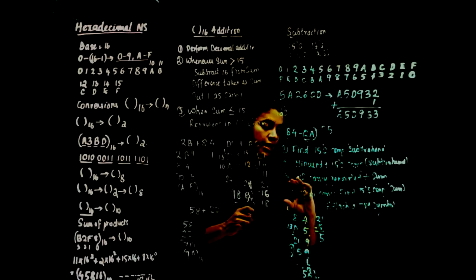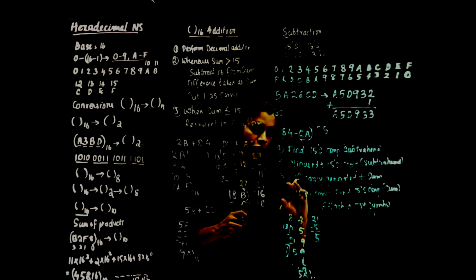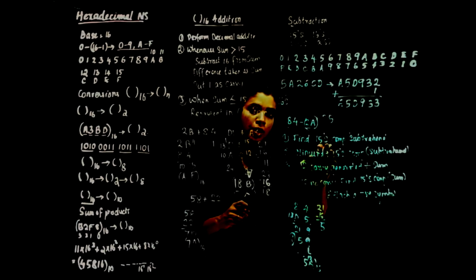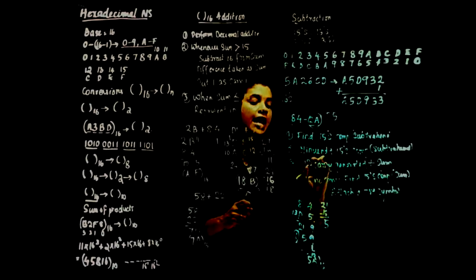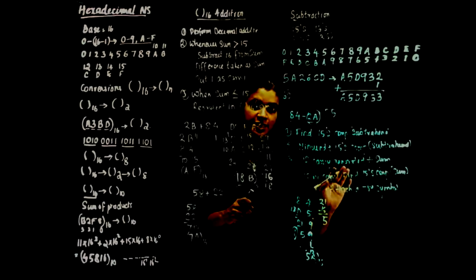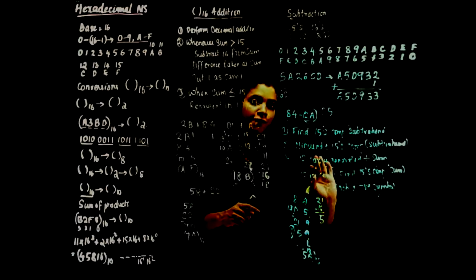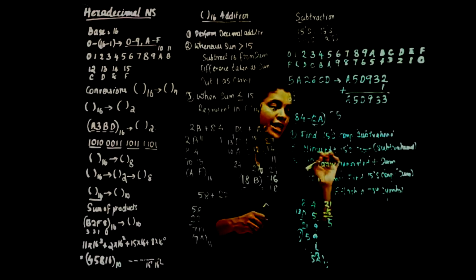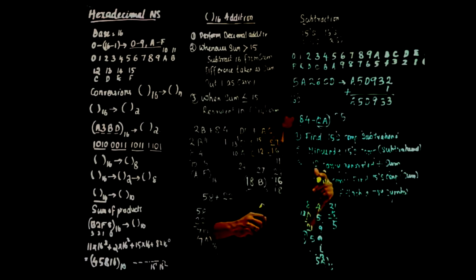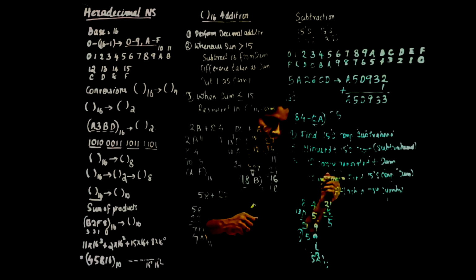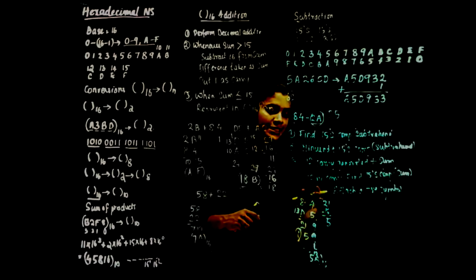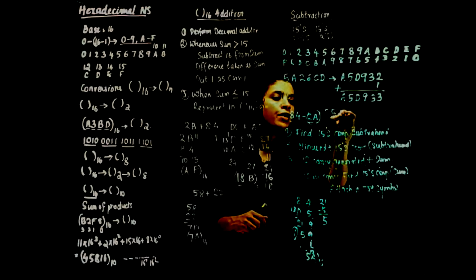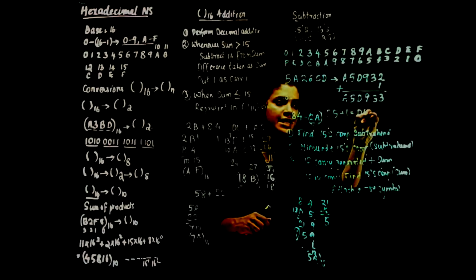Now, the same thing we have to perform using the 16's complement. The only difference is that here we are going to obtain the 16's complement, and if a carry is generated, ignore it. If no carry is generated, we have to find the 16's complement again for the sum and attach a negative sign. Okay. Now, we will see one more example for this. The 16's complement of 2A is D5 plus 1, which is equal to D6.